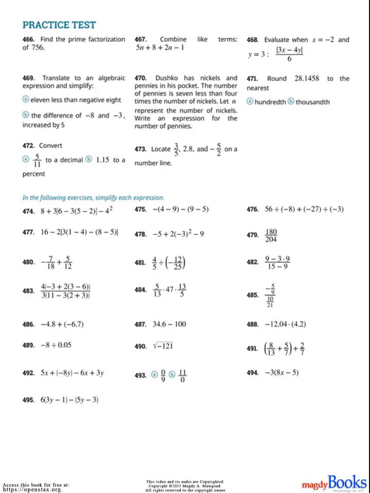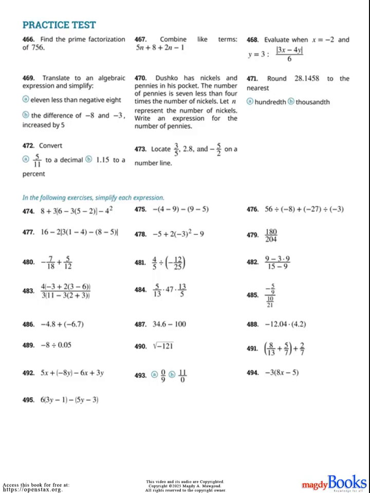483. 4 times (negative 3 + 2 times (3 minus 6)) all divided by 3 times (11 minus 3 times (2 plus 3)). 484. 5/13 times 47 times 13/5. 485.